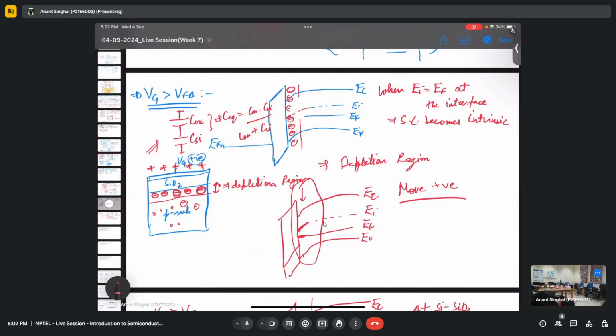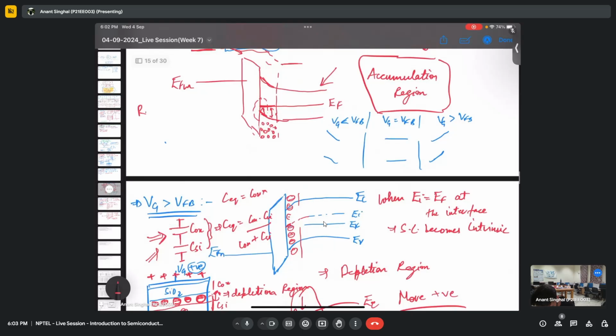So what I am saying is we have an oxide capacitance, which is Cox, already there, and we have one more capacitance due to the semiconductor, which is CSi. So these two capacitances are arranged in series, and the equivalent of the series combination will be lesser than the total Cox.